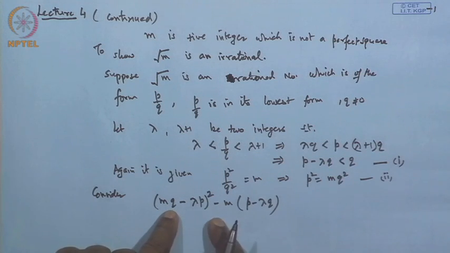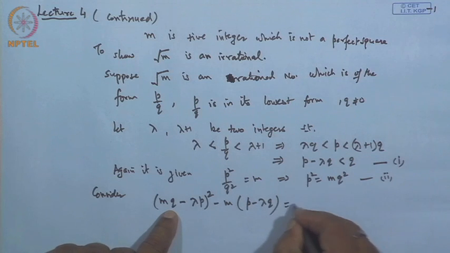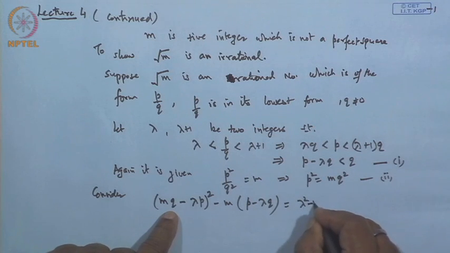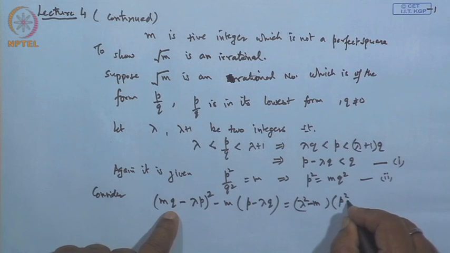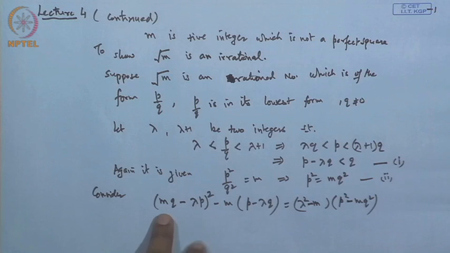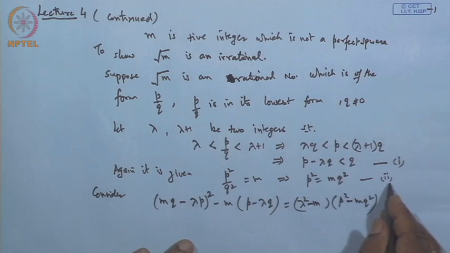If I open it, it can be put in the form (lambda square minus m) into (p square minus m q square). One can easily verify it. Now, p square is equal to m q square because of 2, so this will come out to be 0.